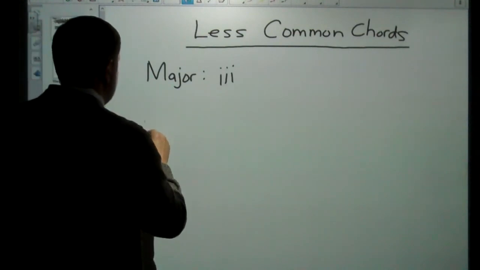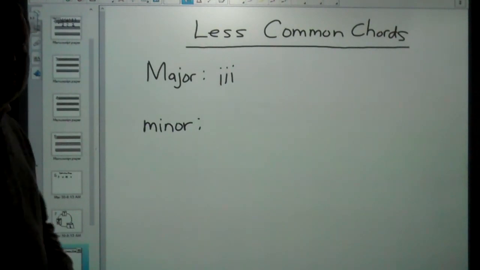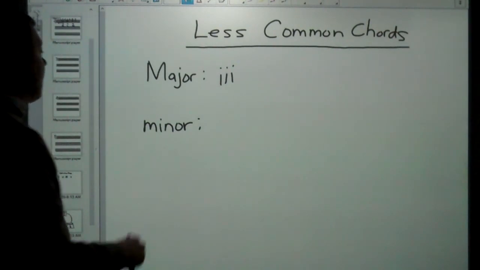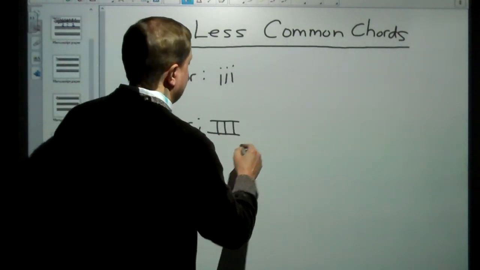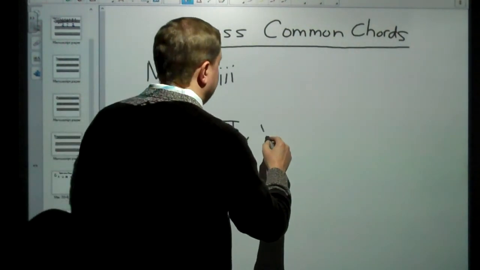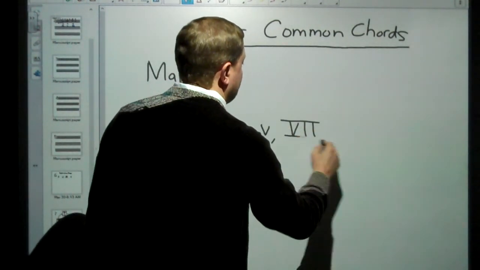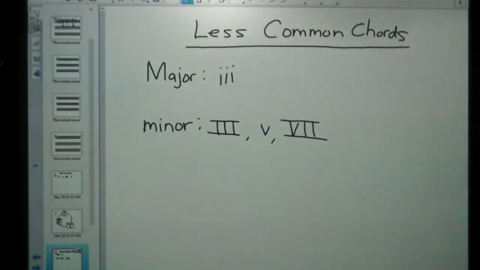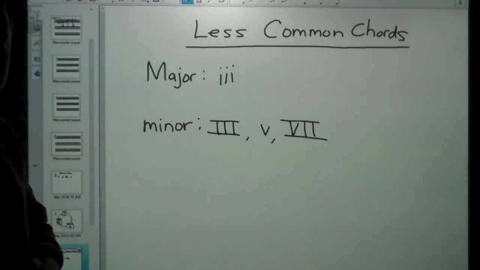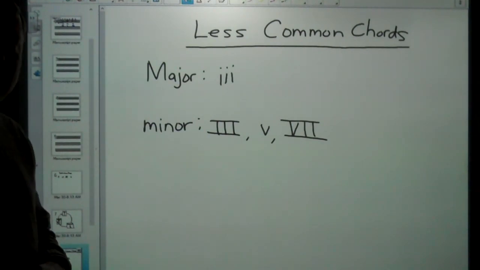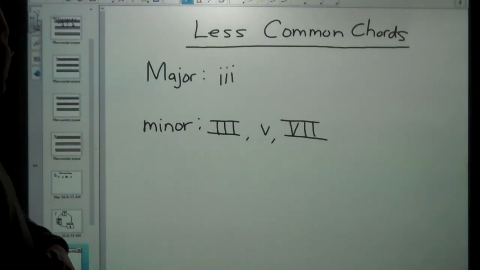And in minor keys, several chords that we have not talked about yet as to how to use in a progression, how to use correctly in tonal music, are the III chord, the minor v chord, and the major VII chord. Again, these chords are very infrequent. They're not very common. We don't see them a lot in music, but they do exist. And so I feel that we should know a little bit about how to use them in a progression.